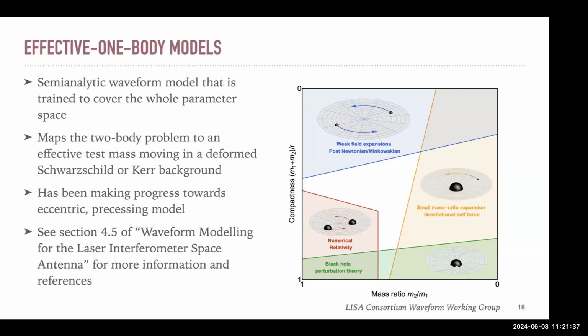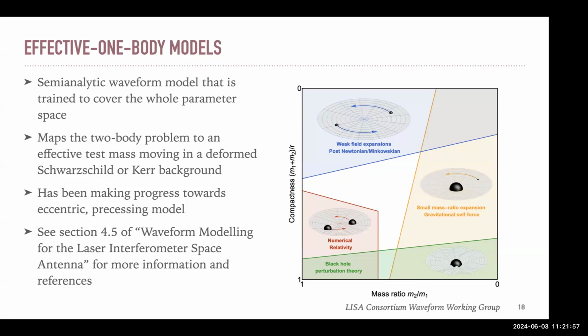Then there are effective one-body models, for example, which are semi-analytic waveform models that approximate the whole system by mapping the two-body problem onto an effective test mass that moves in a deformed spacetime.